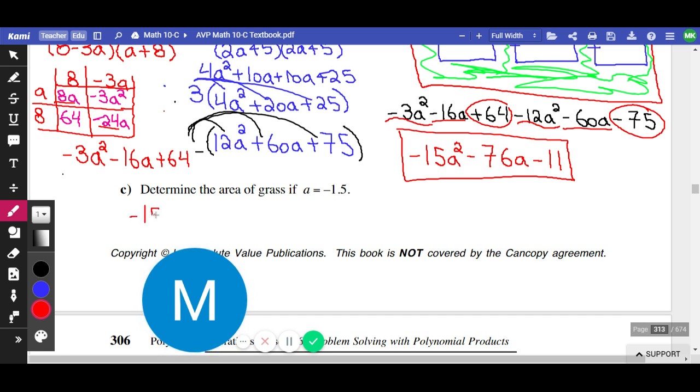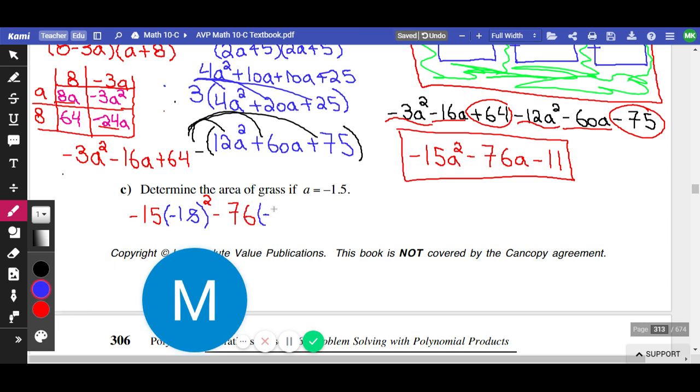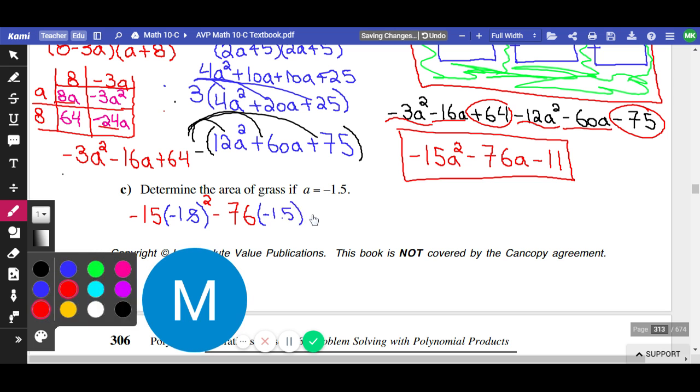So it would be negative 15, bracket negative 1.5 squared, minus 76, bracket negative 1.5, and then minus 11. Make sure you're using minus signs and negative signs properly. So in my brackets, I have negative signs, which is down here by the decimal. But when I do minus 76 or minus 11, that's the minus sign, which is above the plus.